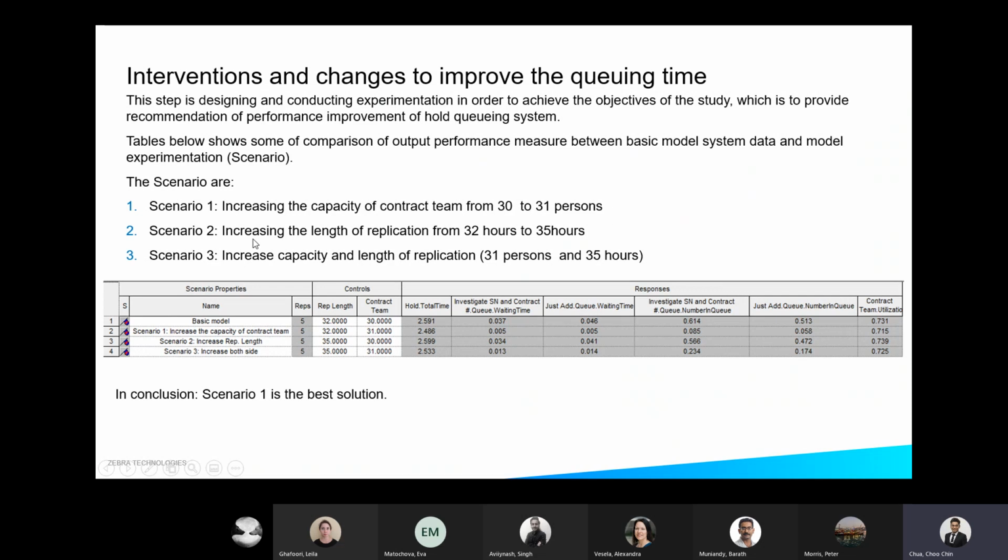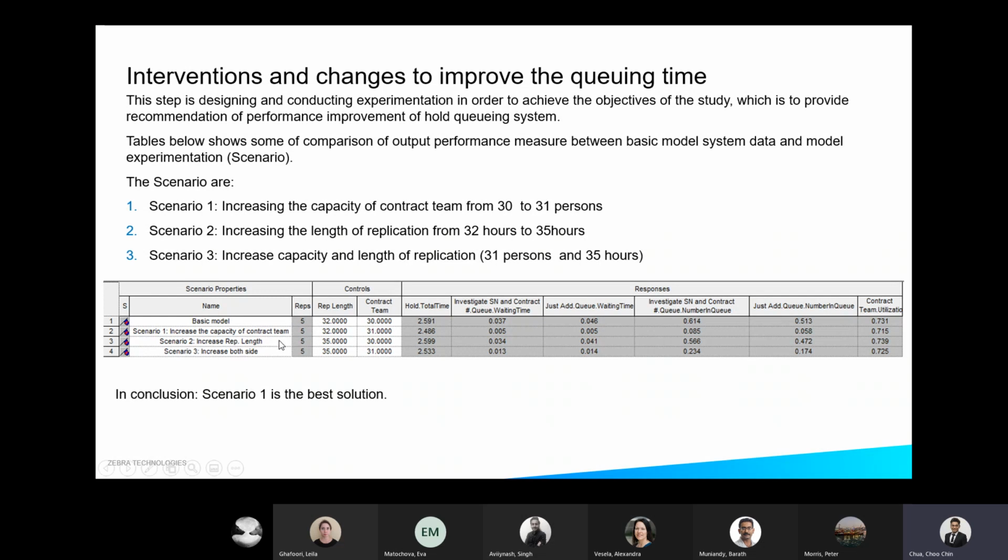The second scenario is we increase the length of the replications. Just now I said that it is 4 days for 8 hours per day, right? So 4 days means 32 hours. Then we increase from 32 to 35, which means they need to work an extra 3 hours.